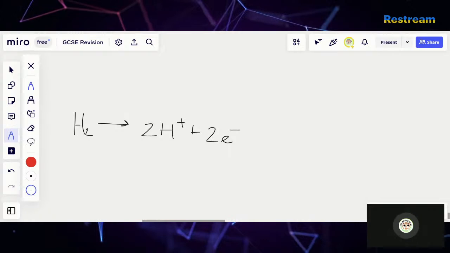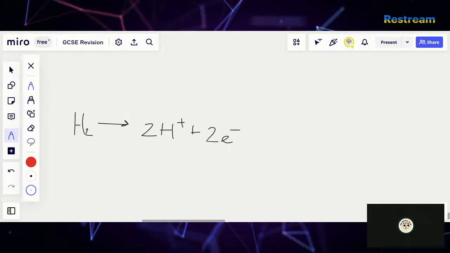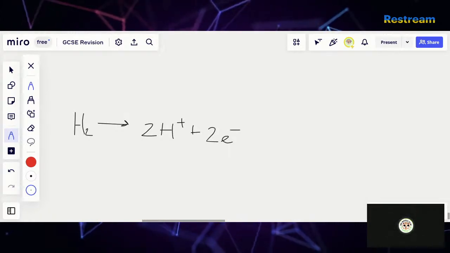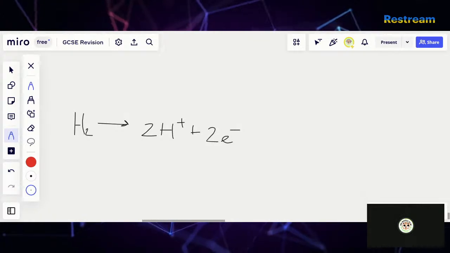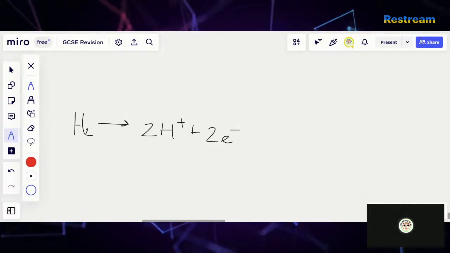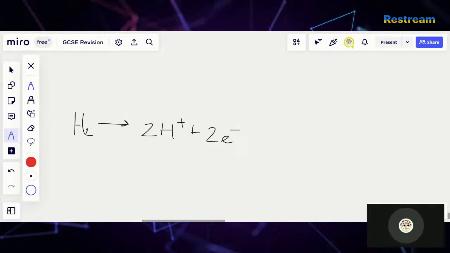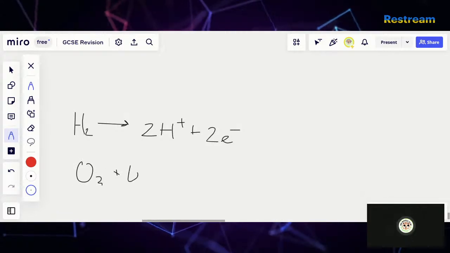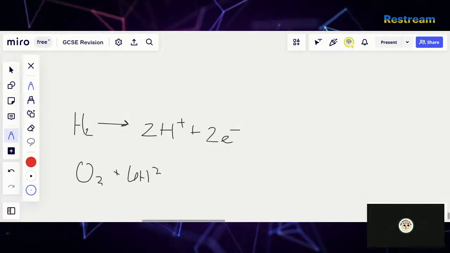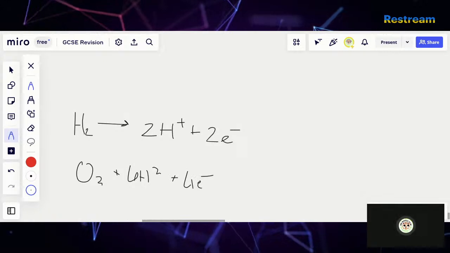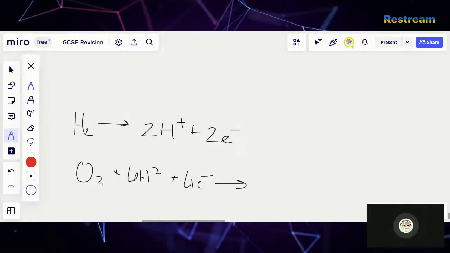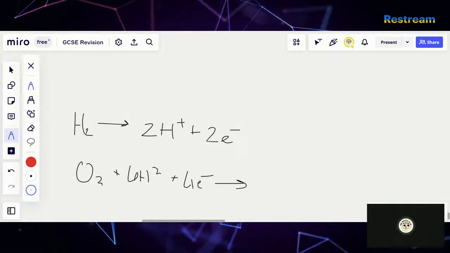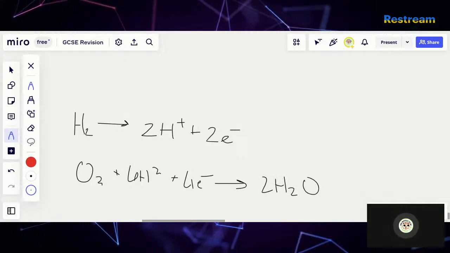So, the hydrogen is an element, and then it loses 2 electrons to form a positive ion, and then oxygen reacts with hydrogen and 4e-, so it gains 4 electrons as well as the hydrogen, and then creates 2 molecules of water.